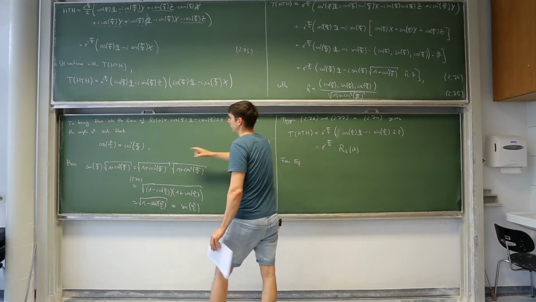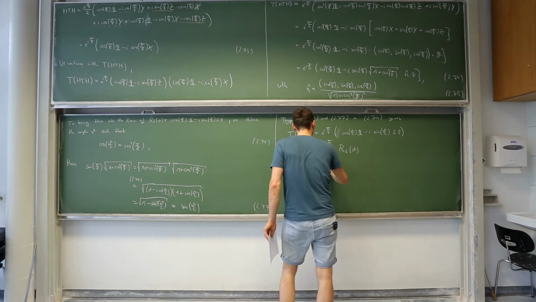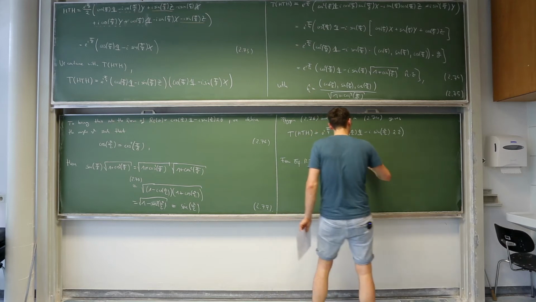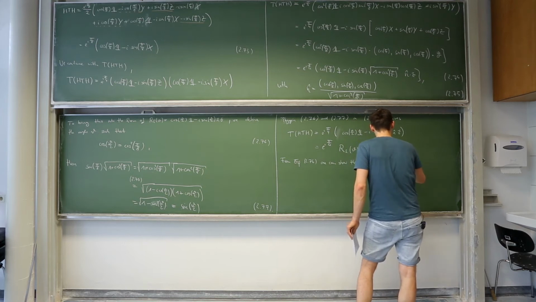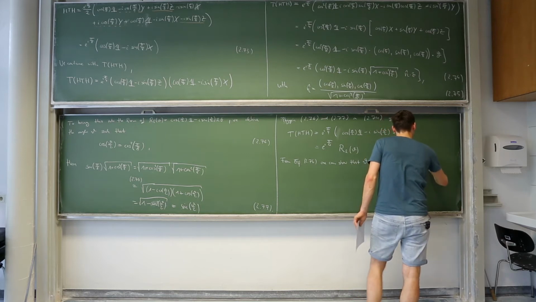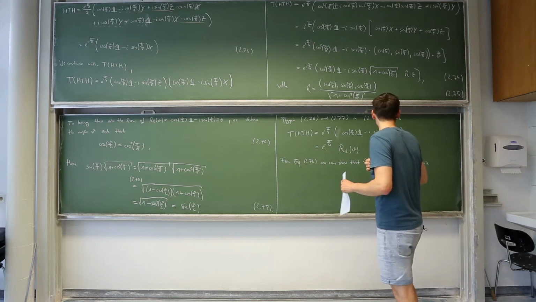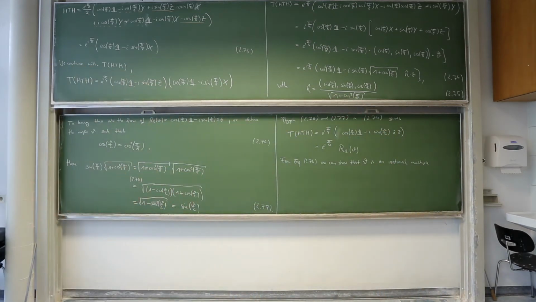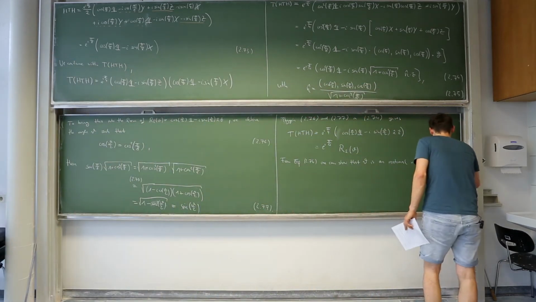So from this definition, which is equation 2.76, one can show that theta is an irrational multiple of 2 pi.